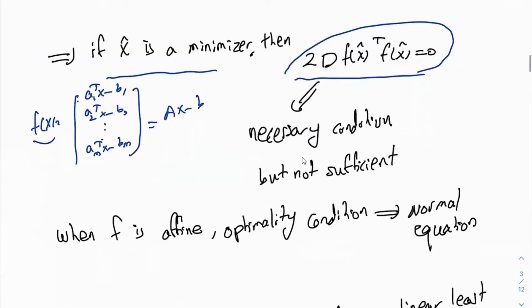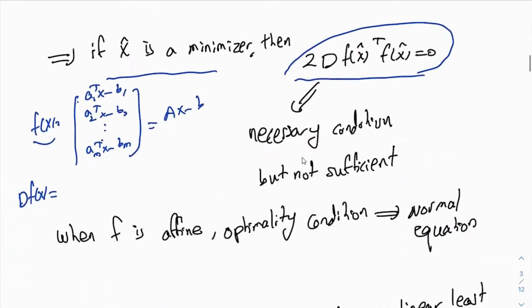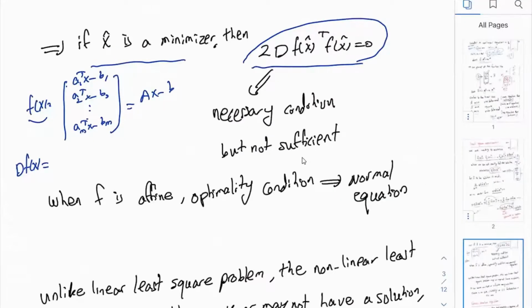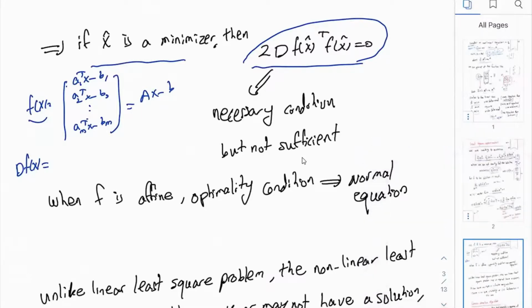But what is Df of x? How would you define this? So perhaps it's good actually to define Df of x. Let's see whether I can add a page here.